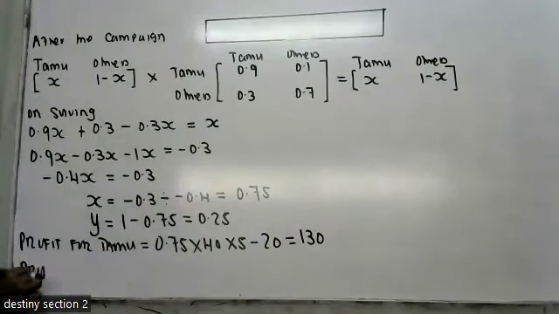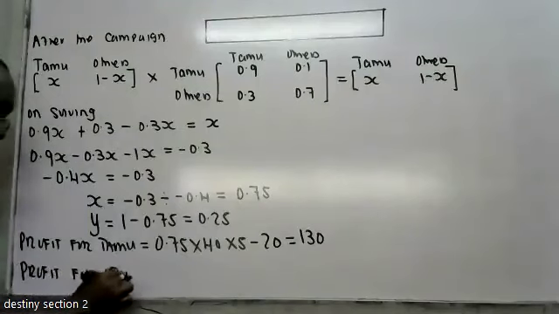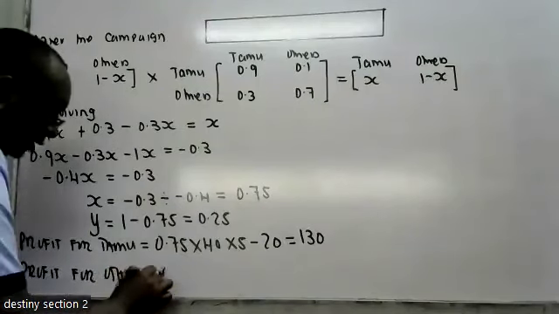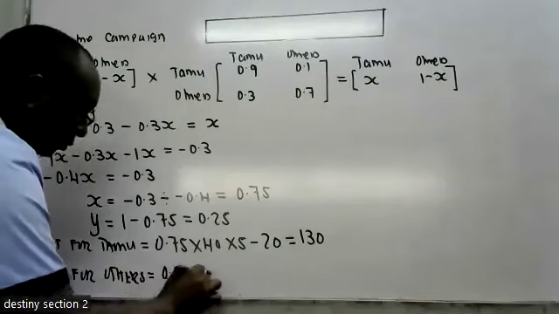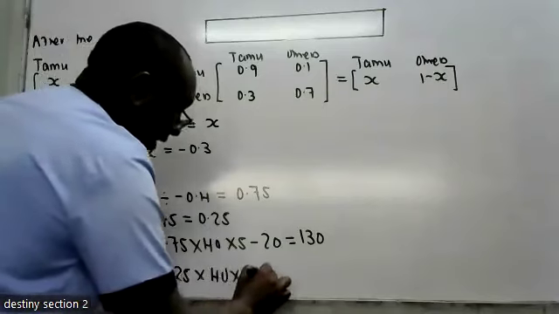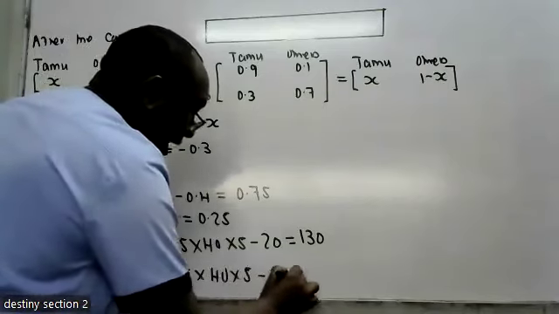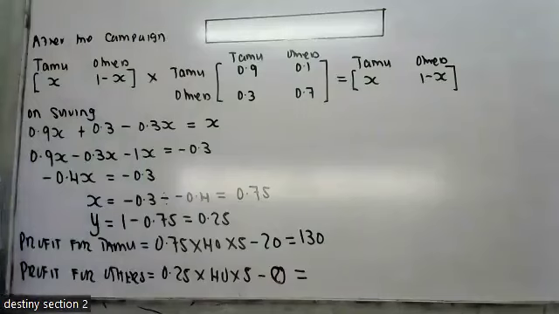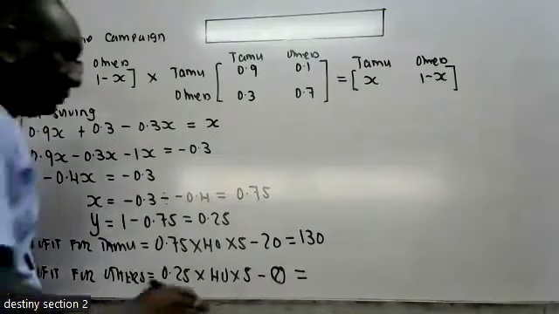Then profit for others will be 0.25 multiplied by 40 multiplied by 5. But the others have not incurred a cost. They have not run a campaign. So it will be 0.25 times 40 times 5 is 50.